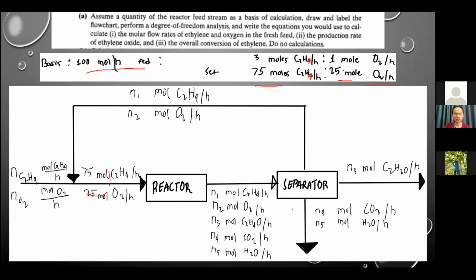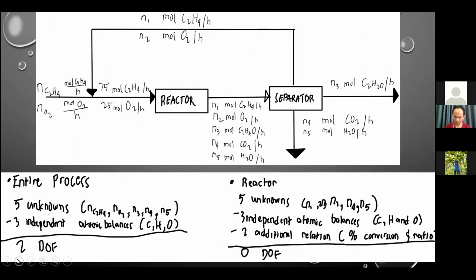As we're done making the flowchart, what we'll be doing next is the degree of freedom analysis.